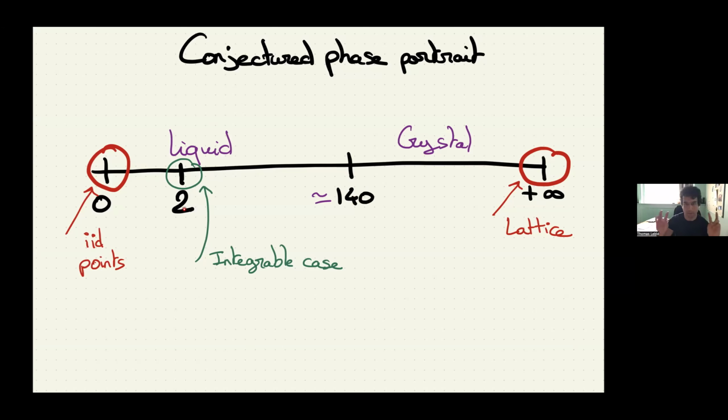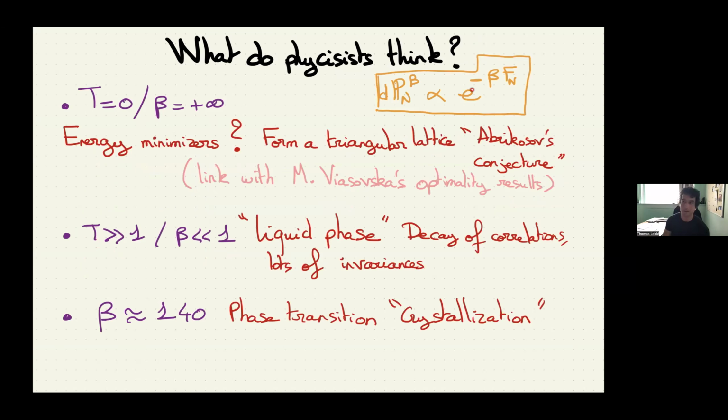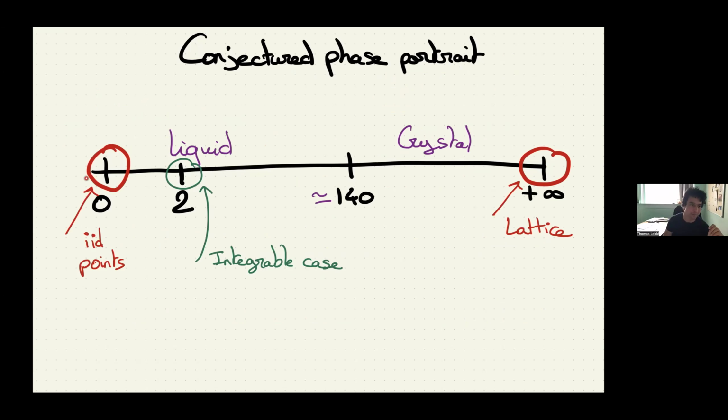Beta equals 2 is the integrable case for which we know basically everything because it has a connection with random matrix theory. And when you reach beta equals 0, so that's infinite temperature, the interactions do not matter and you only have IID points. This part is the only thing we know. So that's known, and then the rest is a conjecture.